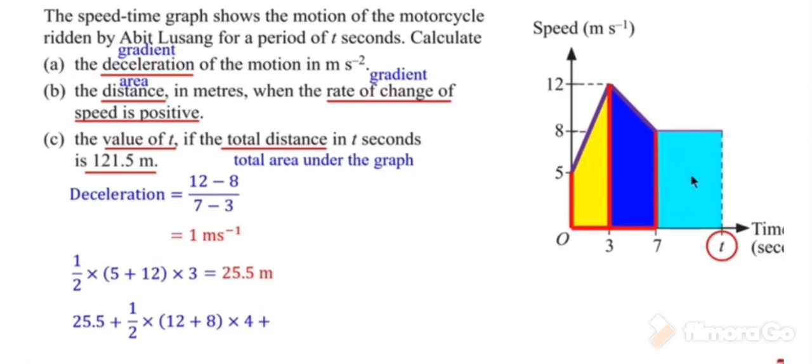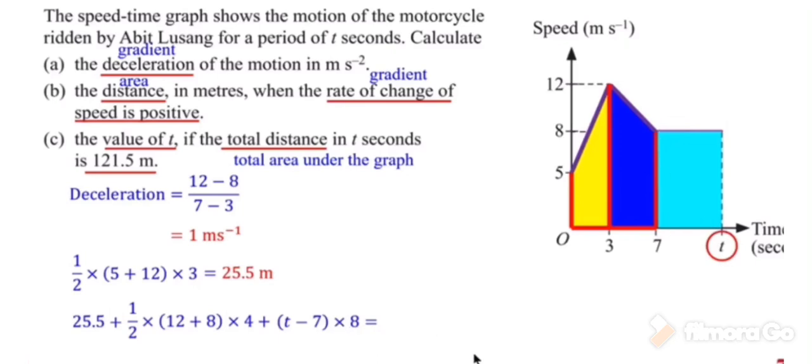So it's t minus 7, not 7 minus t. T minus 7, because t is the bigger value. Example, t is 10, so 10 minus 7, isn't it? So you cannot use 7 minus t. You must use t minus 7 times 8.